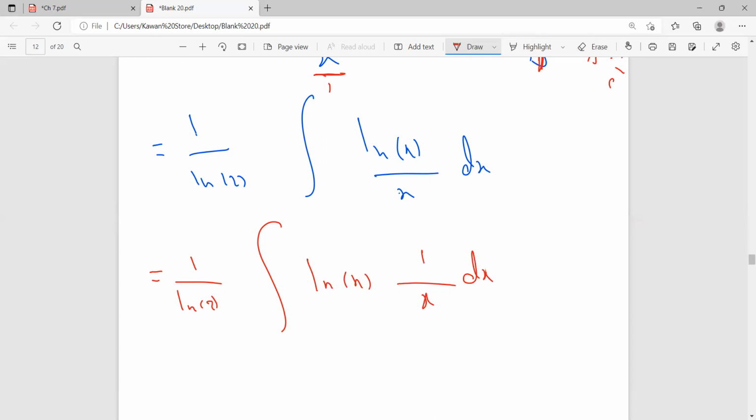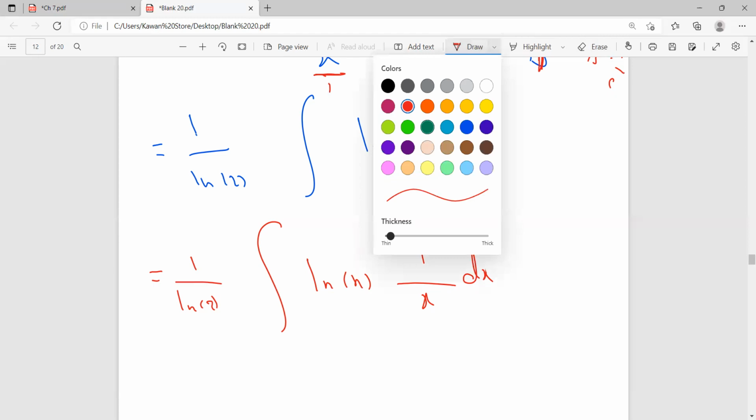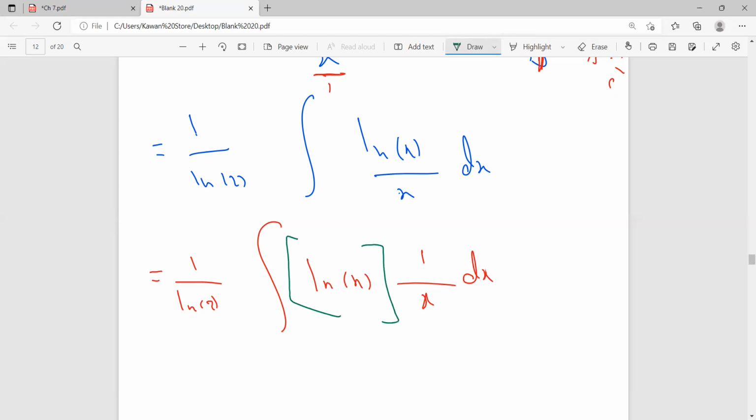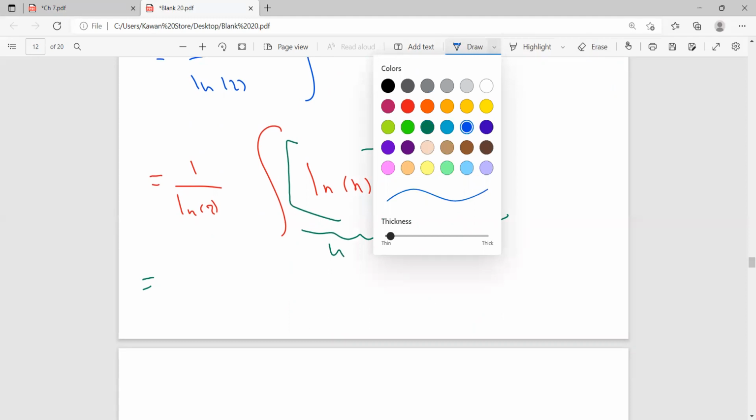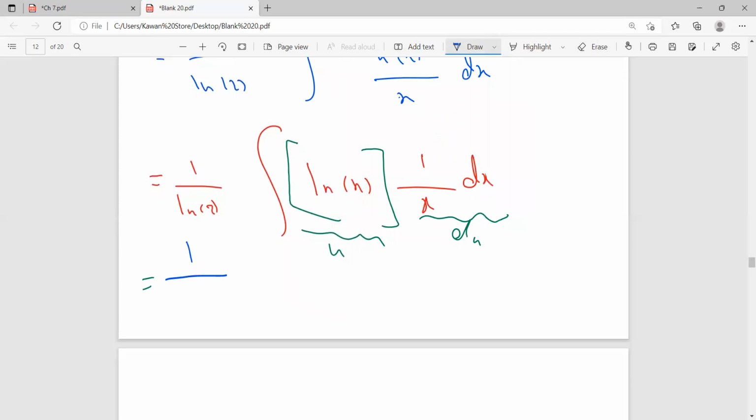Is equal to what? Easy? You say easy. Ln of x plus c.